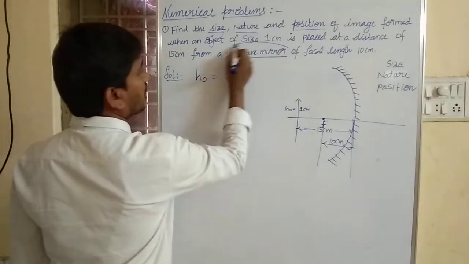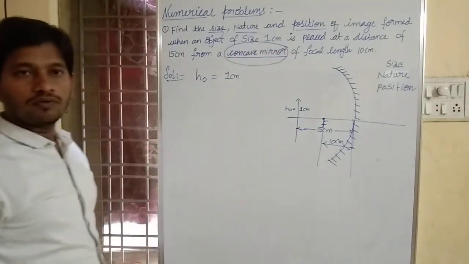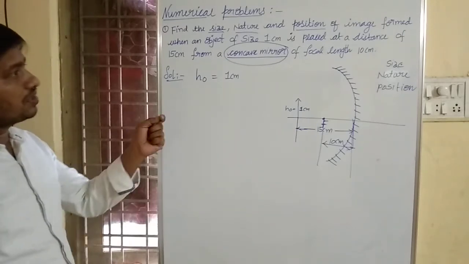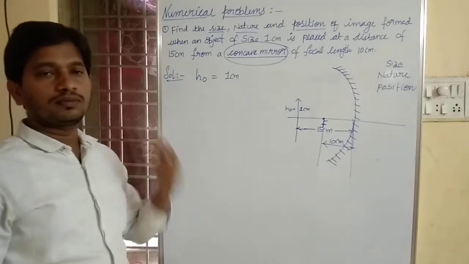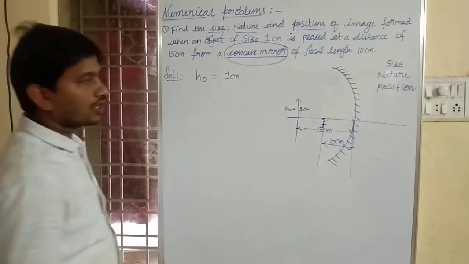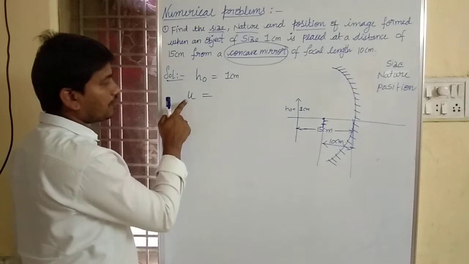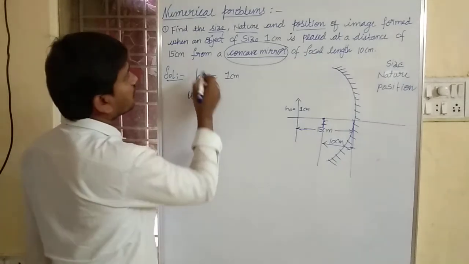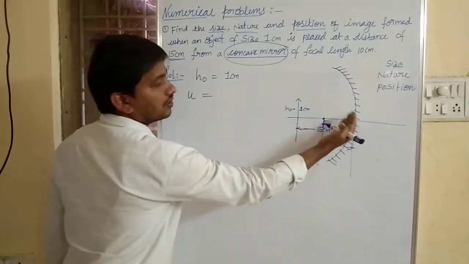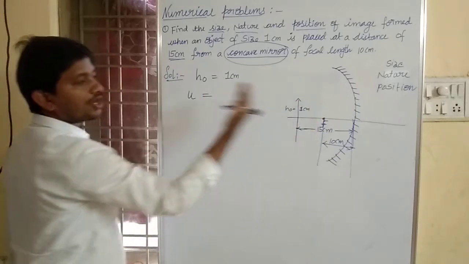This is our important point. For a concave mirror, the object is placed in front of the mirror. As we know, for a concave mirror, object distance is represented by u. u equals how many centimeters? It is placed 15 centimeters from the concave mirror.